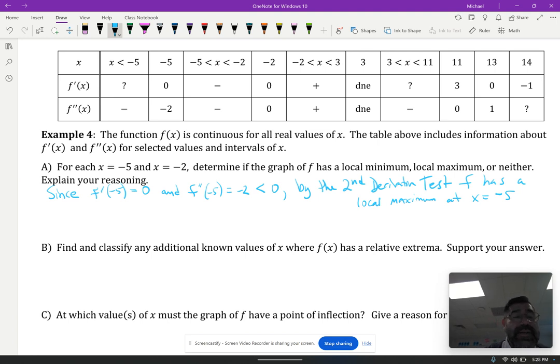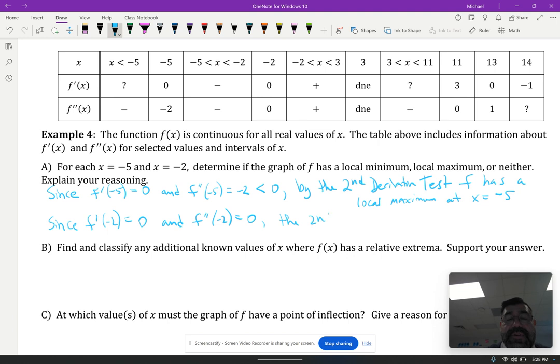Okay, can I do the same thing again? Since f prime of negative 2 equals, what is the derivative value at negative 2? It equals 0. And f double prime of negative 2 equals 0.